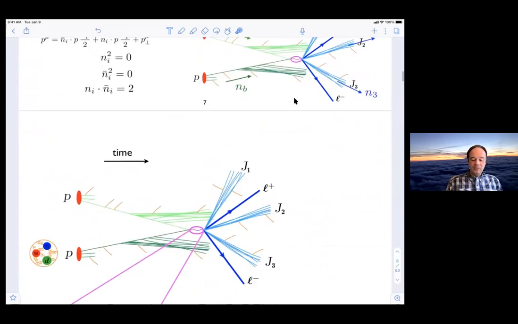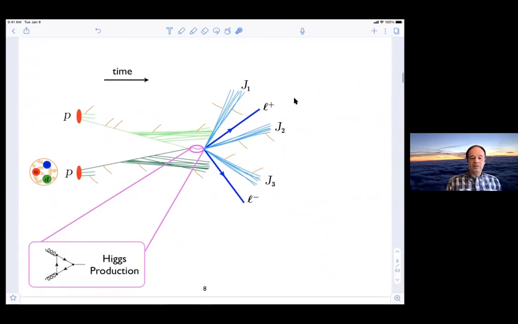Okay, so let me go through it step by step. You should think about what's happening in this very short distance blob in the middle as some kind of short distance process. Maybe it's gluon fusion, producing a Higgs particle, or producing a Higgs particle together with some jets, or it could be some standard model process, like gluon-gluon scattering through a quark. Maybe there's an extra gluon emitted.